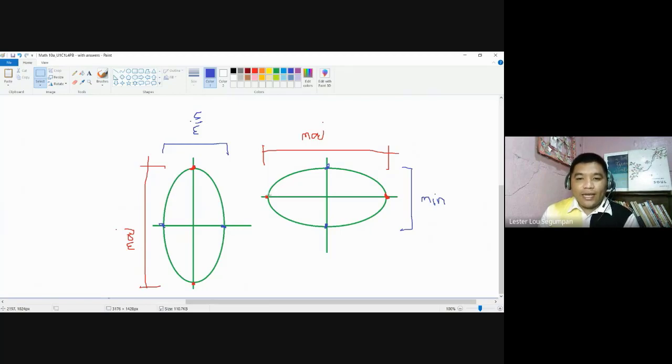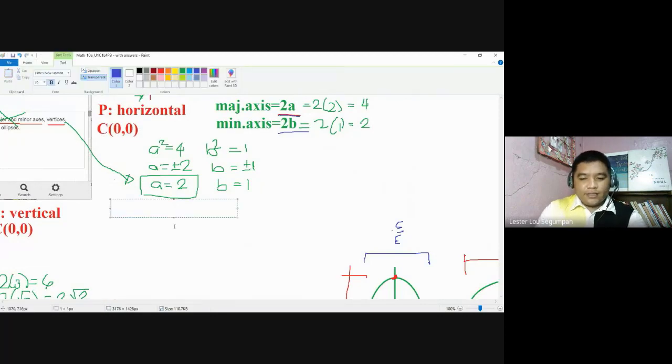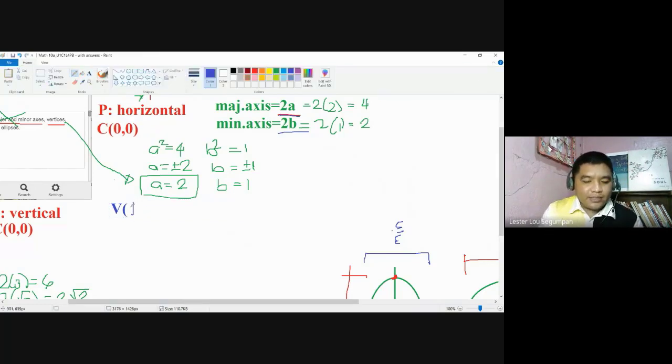Here, the value for A is the horizontal value, which is x. So our vertices are given as plus minus A and then 0.